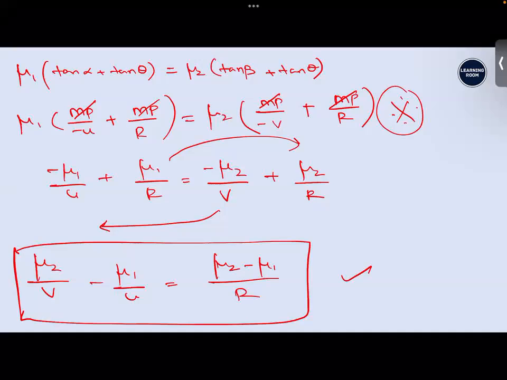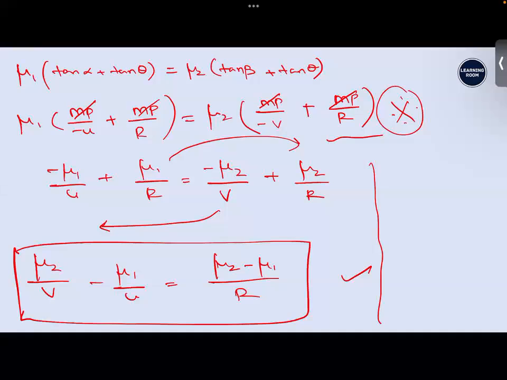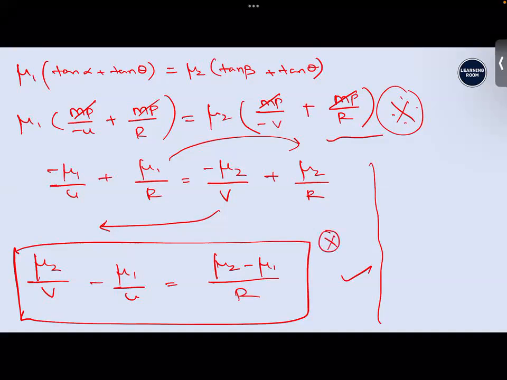Why I told you this particular step is important is because if you proceed with the same derivation without applying sign convention, you will not get this expression. How many kinds of scenarios can you define in this way? When you have a spherical boundary, the left hand side can be denser and the right hand side can be rarer, and you can keep the objects at different locations.